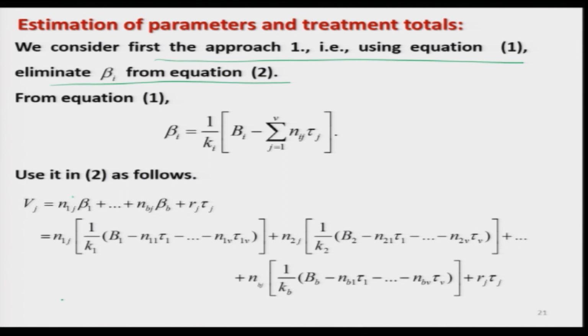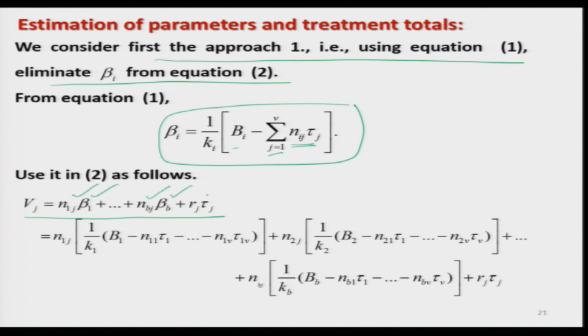So, from equation number 1 we obtain beta i equal to 1 upon k i into b i minus summation over j n i j tau j. And now we substitute this value of beta i in equation number 2. Equation number 2 was like this: n 1 j beta 1 plus up to n b j beta b plus r j tau j.